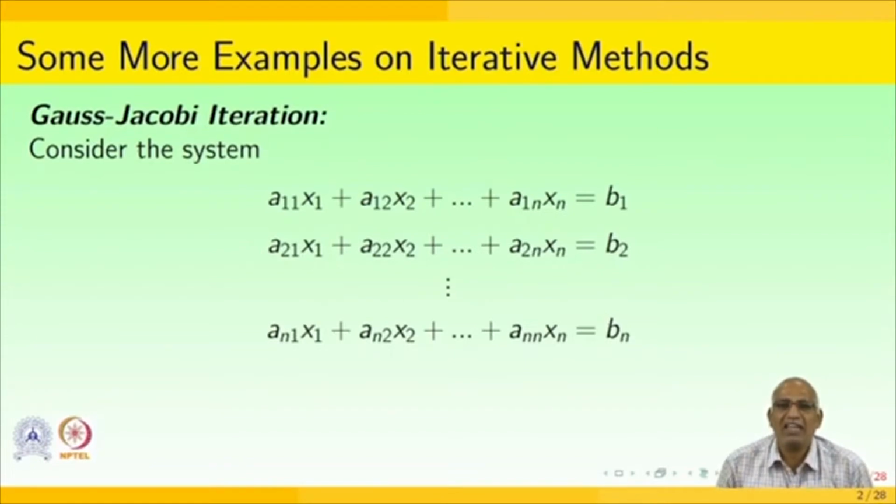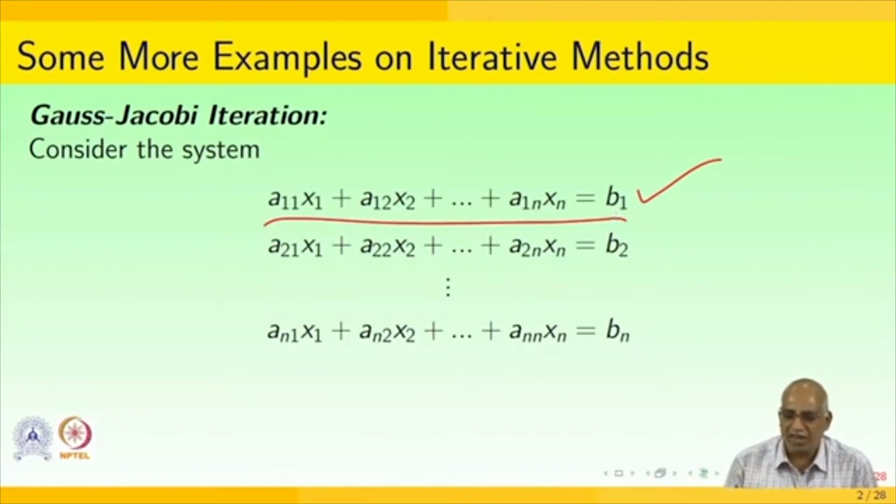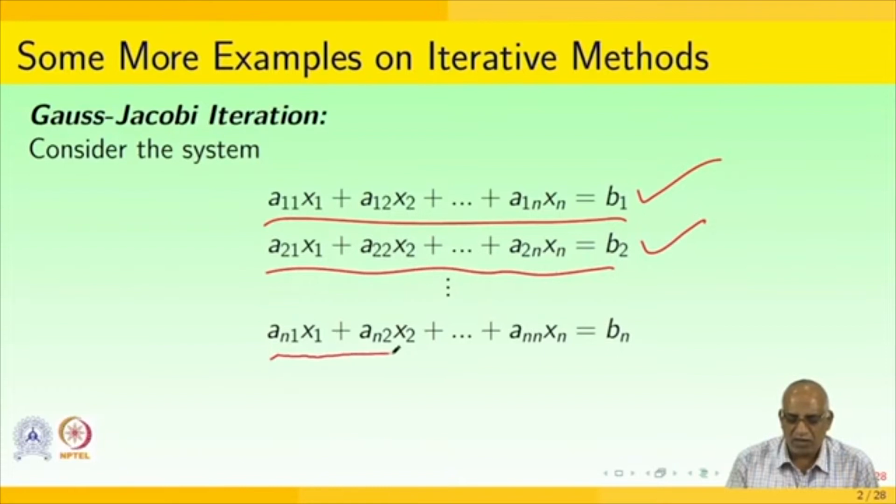Let us quickly recall once again the Gauss-Jacobi iteration. Look at this. We have a11 x1 plus a12 x2 plus a1n xn is b1. Similarly, a21 x1 plus a22 x2 plus a2n xn is b2, and an1 x1 plus an2 x2 plus ann xn is bn.